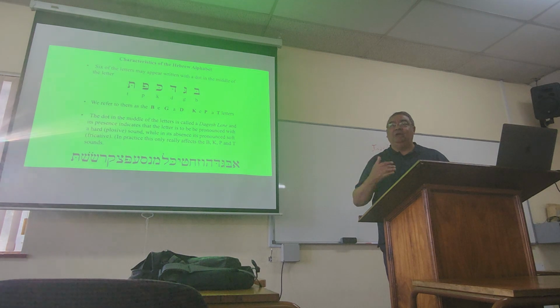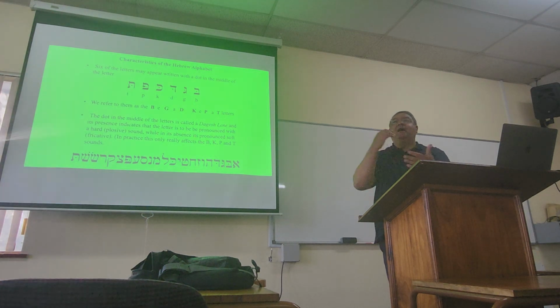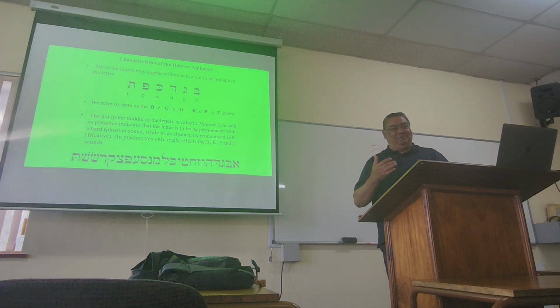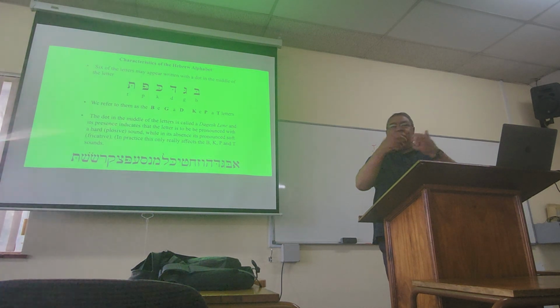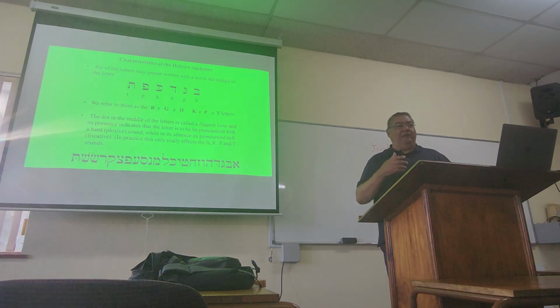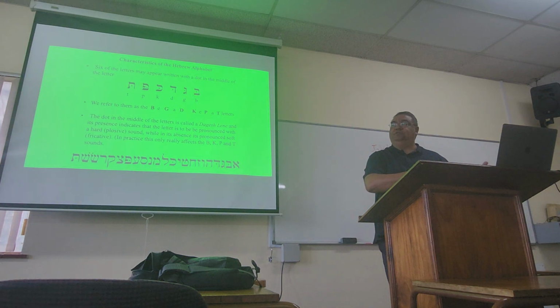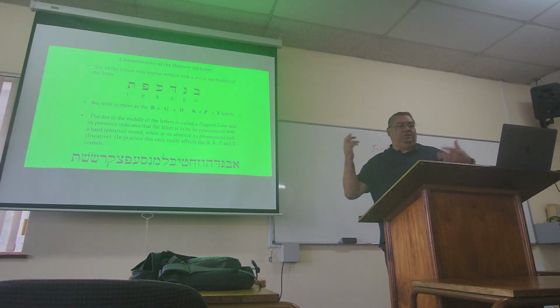Then you get the sound, a very difficult sound to make. Which in spoken Hebrew, when people speak so fast, you kind of miss that sound. And so what happened with Sephardic Hebrew is that difficult sound, the gimel without the dot, just became G. They just leave it like that, it's an easier sound to make.